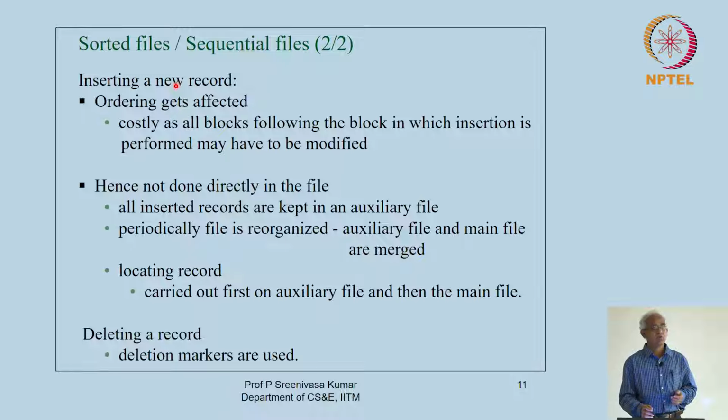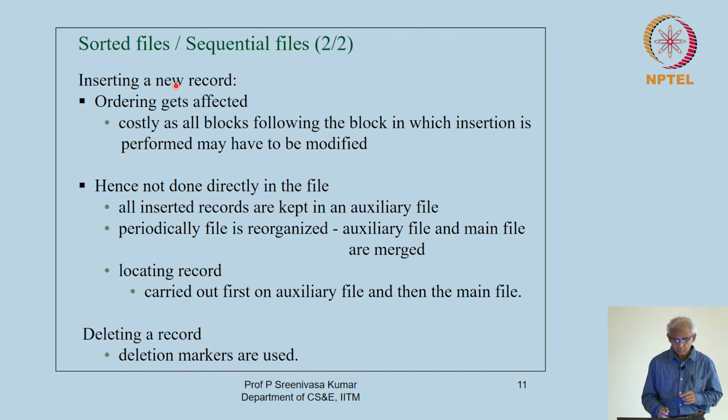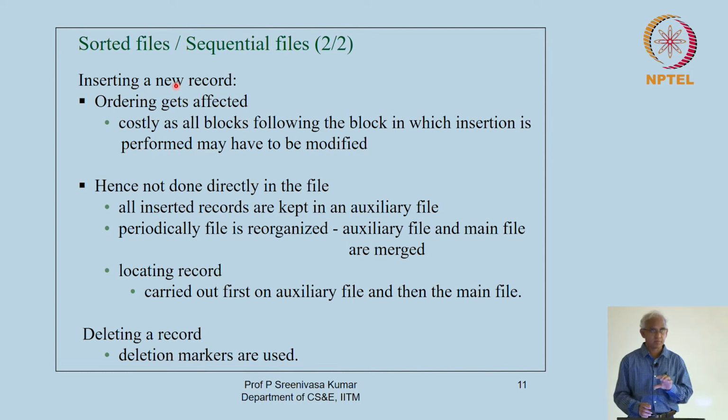Okay, so what you typically do is, if we need access on the other fields, you build an index, and then create a separate data structure using which you will then be able to find out a block address where the record is actually stored.